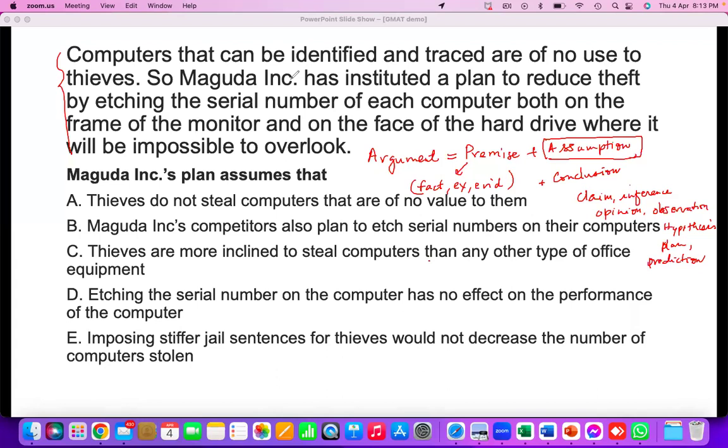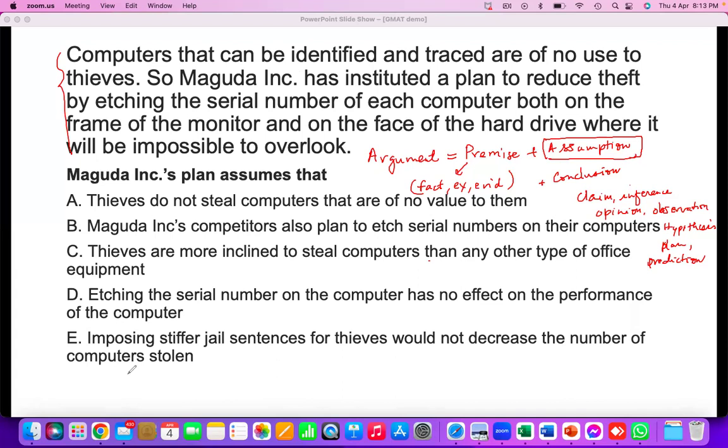So out of these five options, what do you think is the right answer? What is the assumption? The first one is the assumption: thieves do not steal computers that are of no value to them. Any other option? Do you think any other option is able to justify the plan?